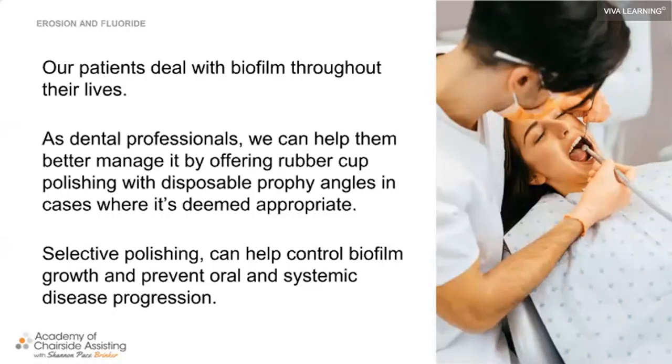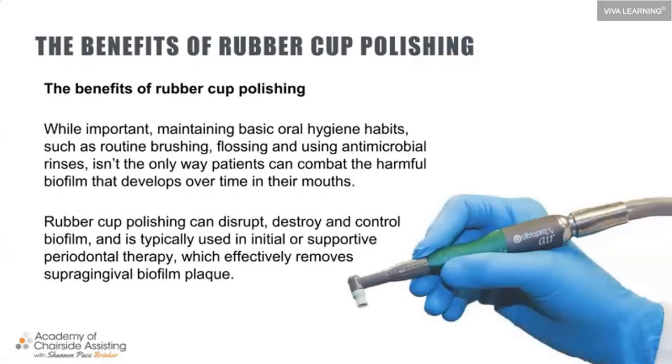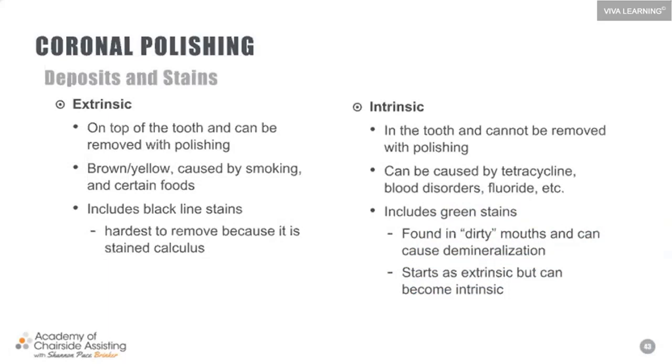And again, getting back to that selective polishing, controlling the biofilm, thinking about that systemic disease progression. And so the benefits of doing the polishing really is important to think about, all those other areas that, again, we keep harping on, but I want to make sure that you understand that this is also so effective with all that superficial biofilm and plaque that's really sticking to the teeth.